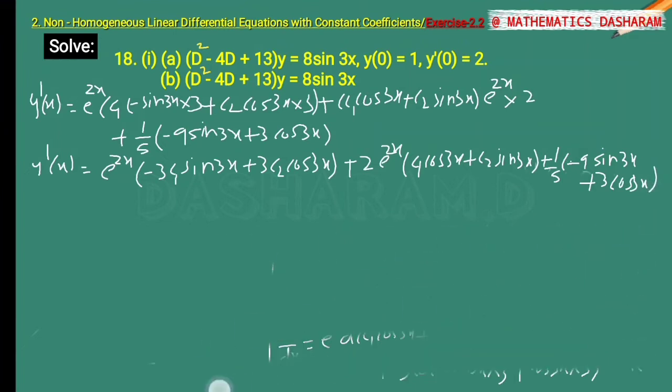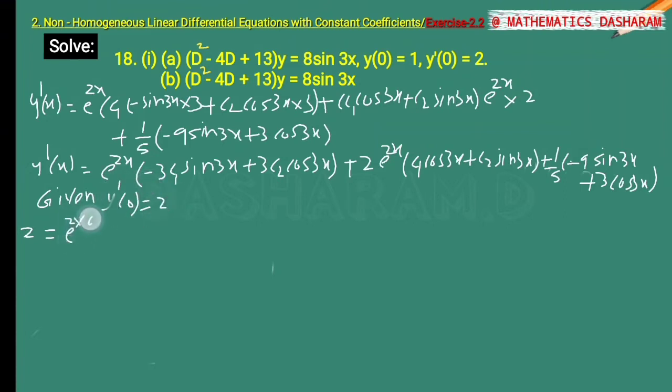Now we have to use the second condition. What is that? Given that y dash of 0 equals 2. So 2 equals y dash of 0, which means x value 0 and y dash value 2.